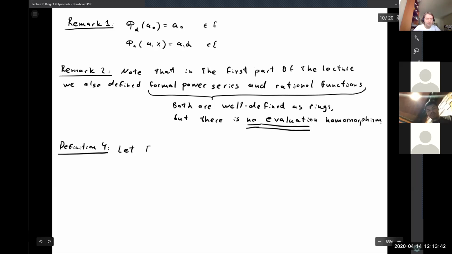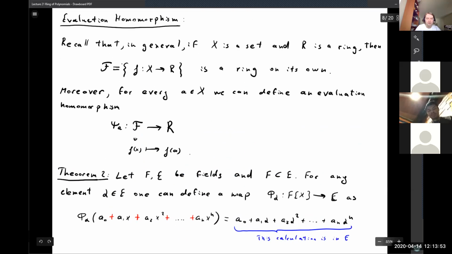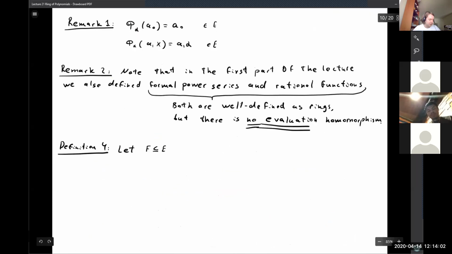So let F be a subfield of E. Well, F and E can be equal to each other. That, by the way, relates to the previous theorem, of course. So F is a subfield of E, but of course it can be equal to E, both fields. And alpha be an element of a field E.